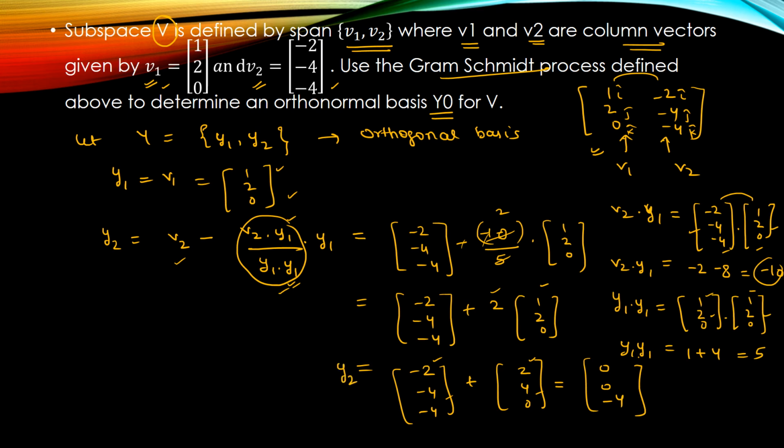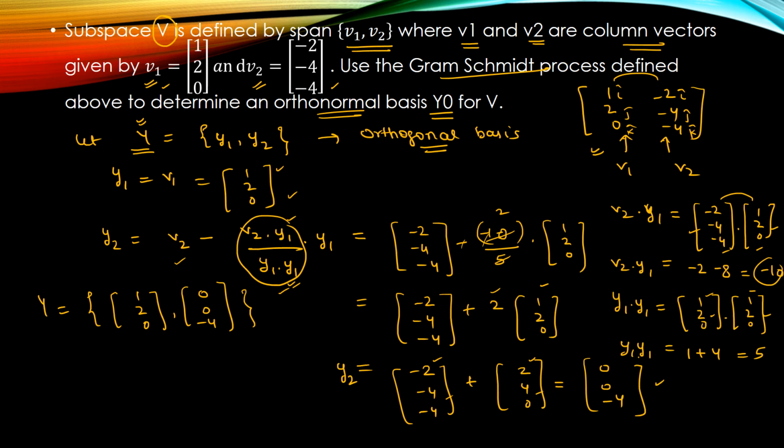So that means our orthogonal base is y1, which is (1, 2, 0), and y2, which is (0, 0, -4), right?